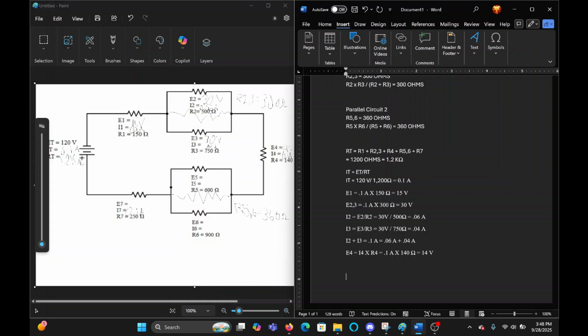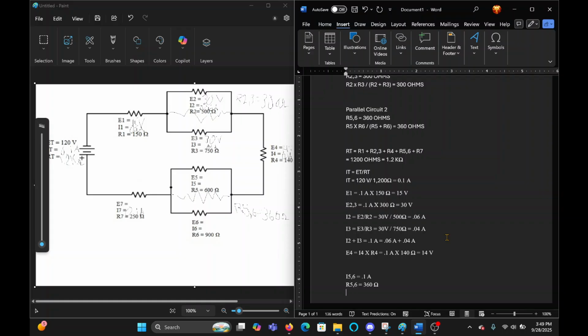So we know that E1 equals 15 volts. I5 and 6 is equal to 0.1 amps, right? And then R5 and 6 is equal to 360 ohms.